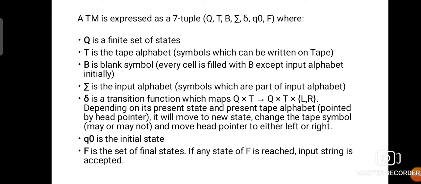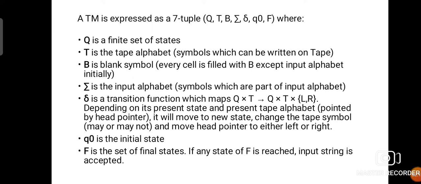That means Q is the current state, T is the tape input symbol that will be consumed during the state transition, and on the right hand side Q is the new state and T is the new symbol that will be written on the tape. Then L, R is another parameter by which we mention whether the head movement is to the left direction or right direction.